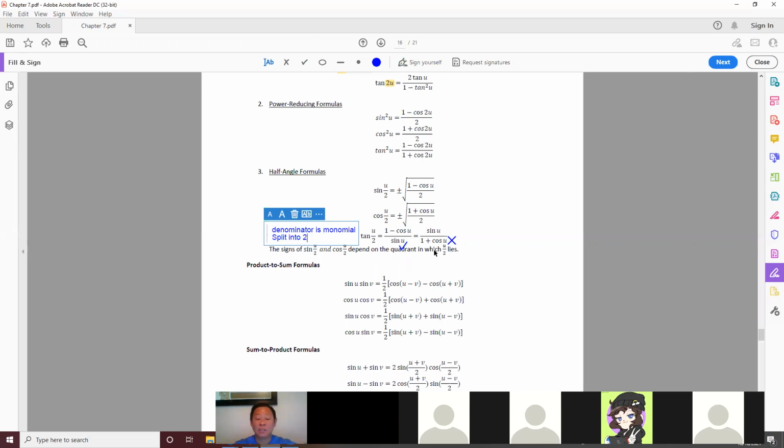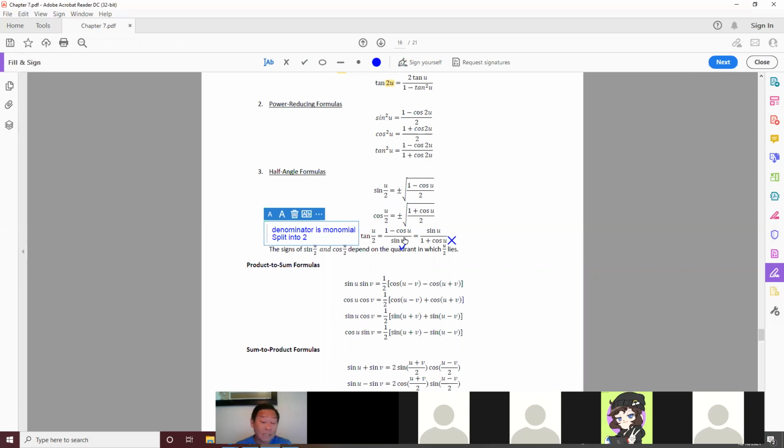You can separate this into 2 pieces, but only if your denominator is a monomial, one term. You cannot split this one into 2 terms. You cannot say this is sine u over 1 plus sine u over cosine u. You cannot do that because the denominator has 2 terms, a binomial. So you cannot split it, but you can split this one because it has 1 term.